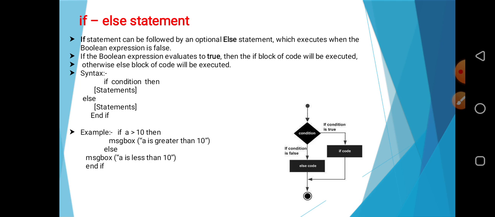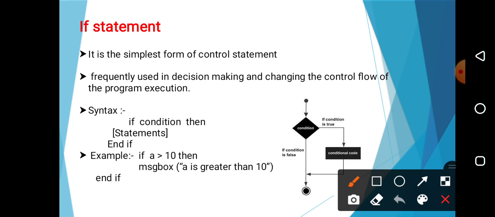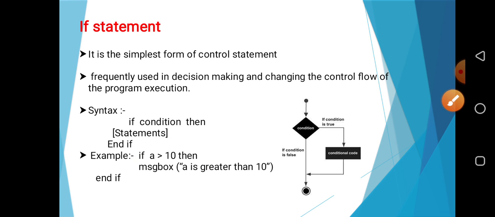The next one is the If Else statement. Students, in the previous slide, I gave the If statement. The If statement is only used to check the true part. But I want to check the false part also. See here, I have checked if A is greater than 10, then print A is greater than 10. But if I enter 9, what will happen? It will stop the program. But here also I have to give some option.